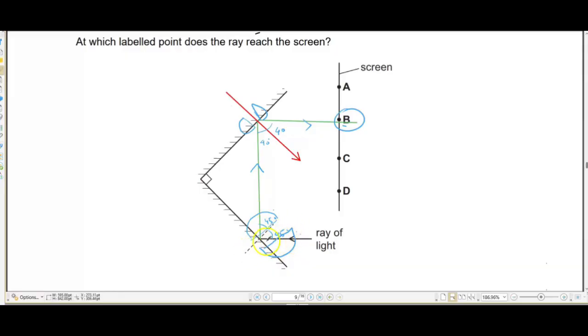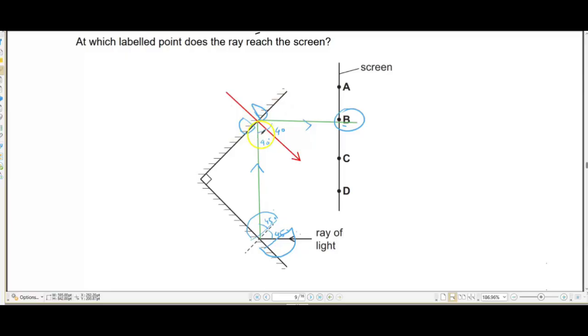Obviously I placed my protractor over here, measured this angle to be 45 degrees. Then I placed my protractor over here like this and measured a 45-degree angle. And since angle of incidence and angle of reflection are the same, after I drew this, I drew a line straight to this point.